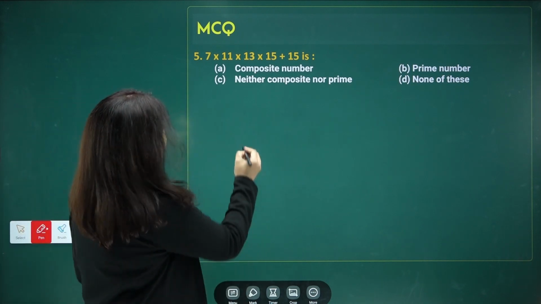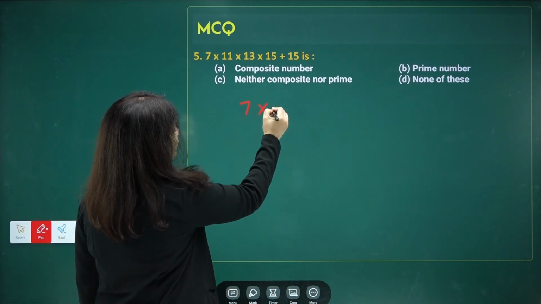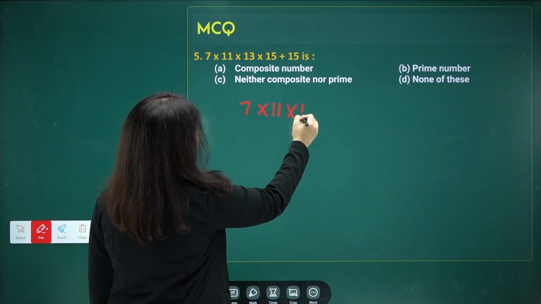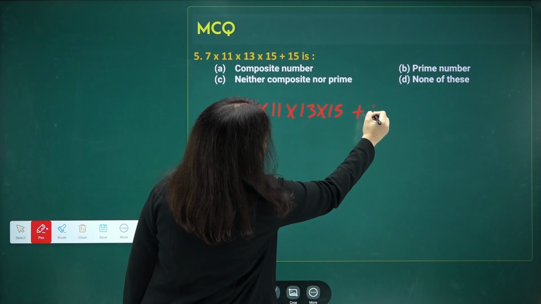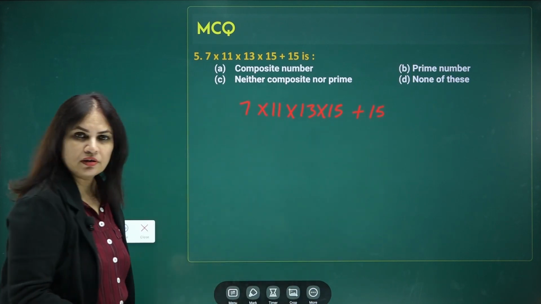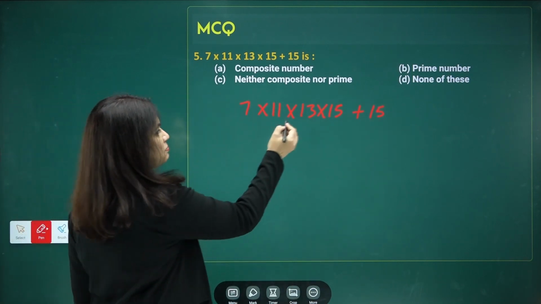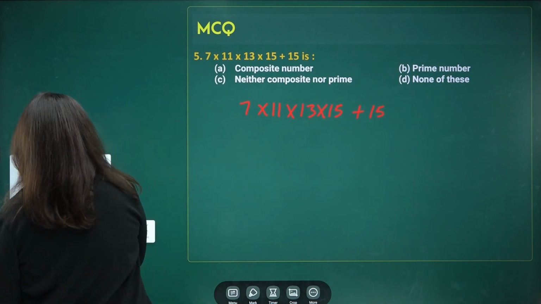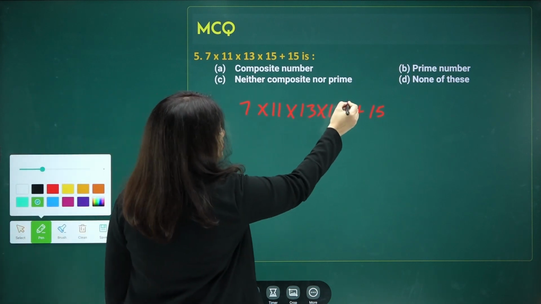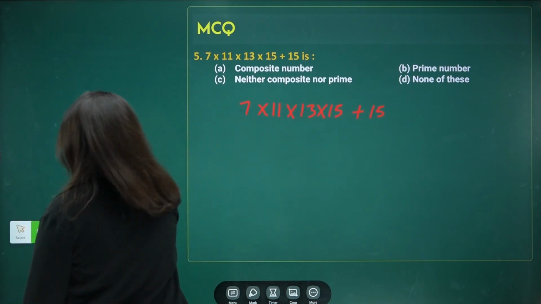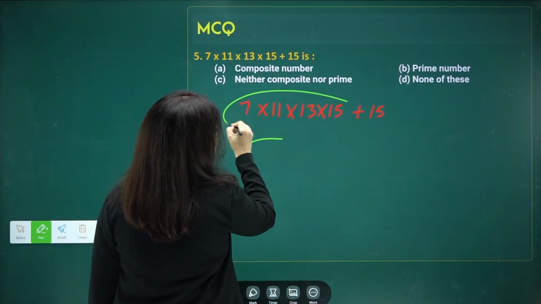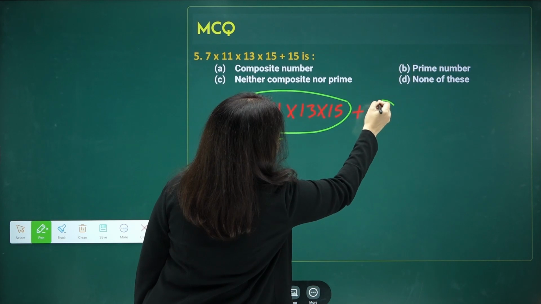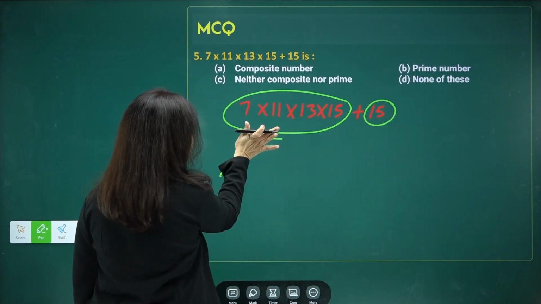Now, if I write 7 into 11 into 13 into 15 plus 15, there are two terms, the first term being this and the second term being this.